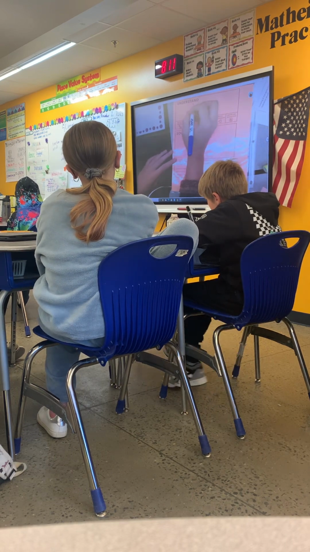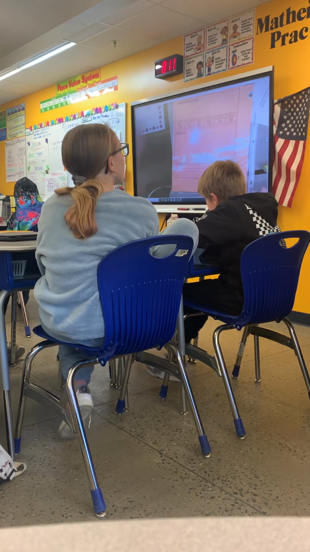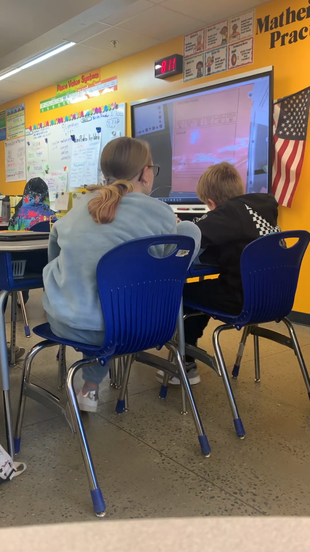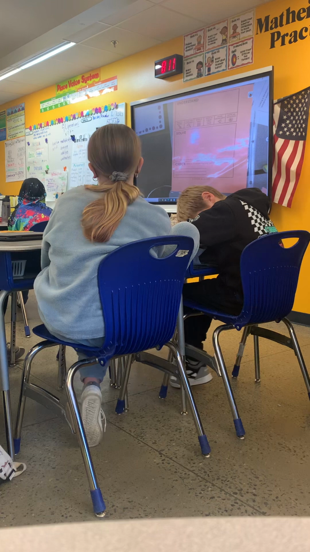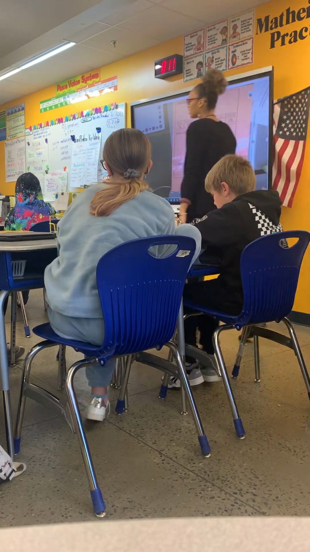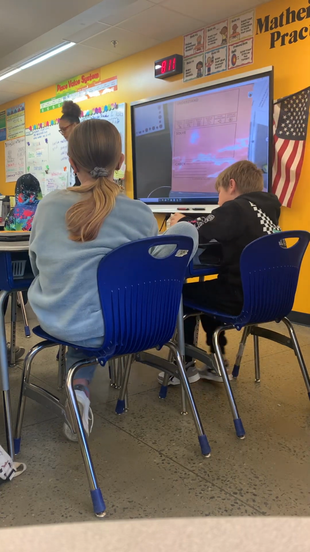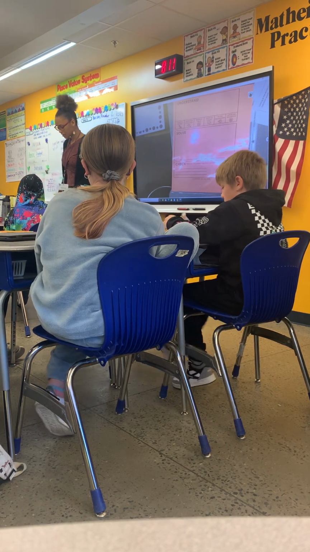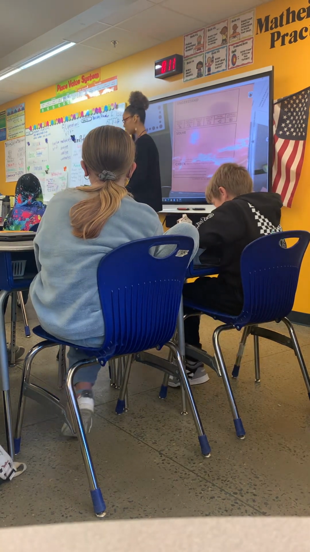So what would our equation look like based on what our paper says we would do? We know there's a division sign somewhere. What are we doing, Oakley? Okay, we're writing an equation.